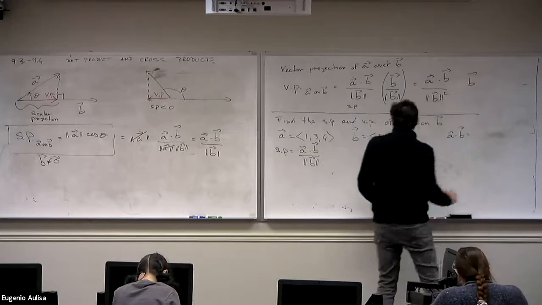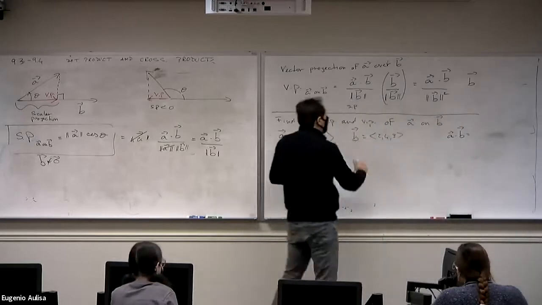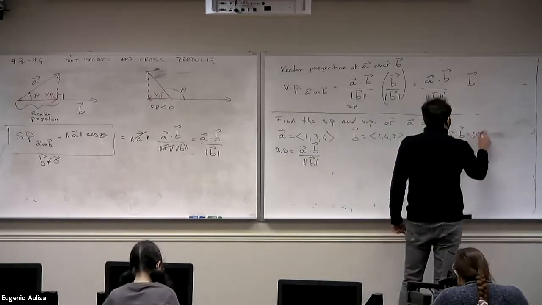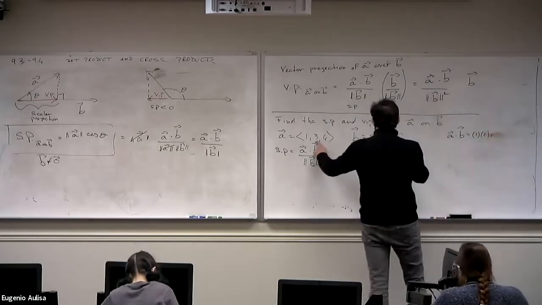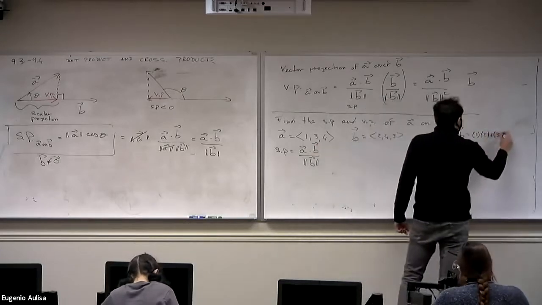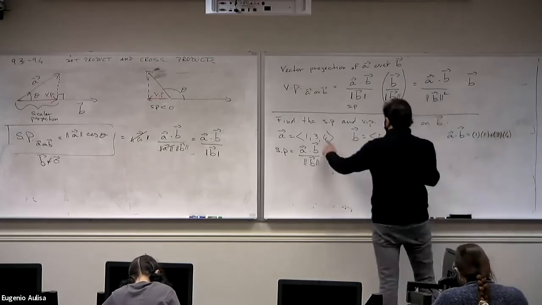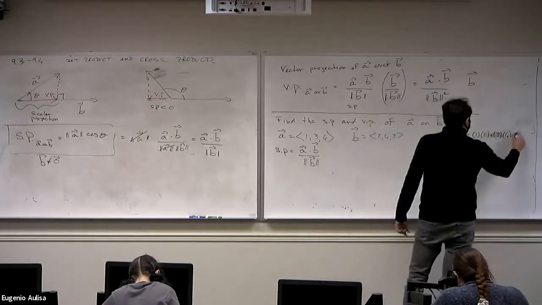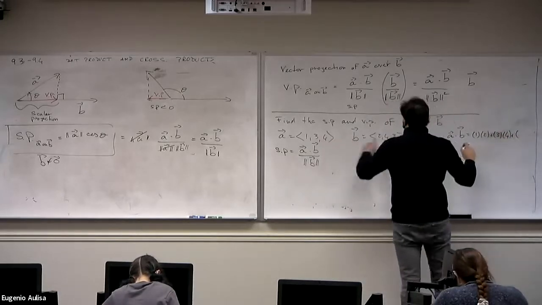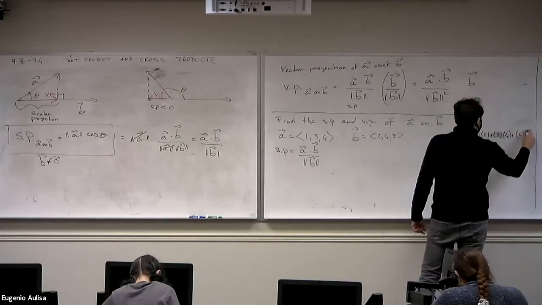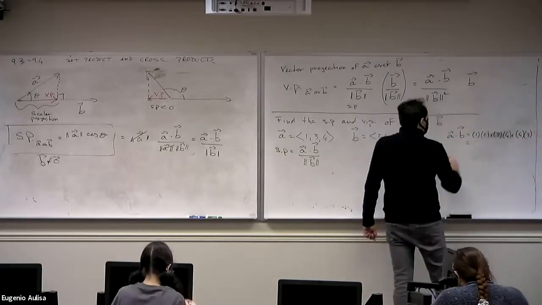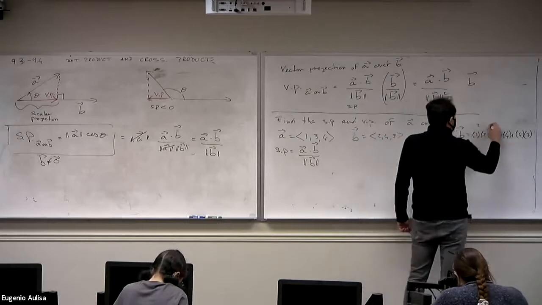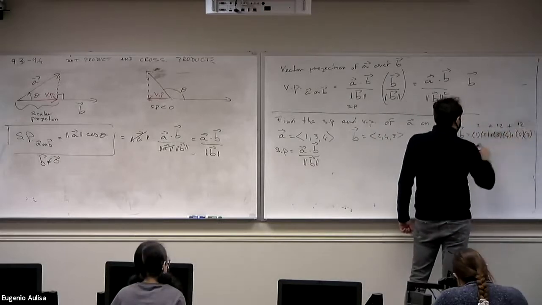A dot B is obtained by doing the product of the x components, 1 times 2, plus the product of the y components, 3 times 4, plus the product of the z components, 4 times 3. So it's going to be 2 plus 12 plus 12, 26.